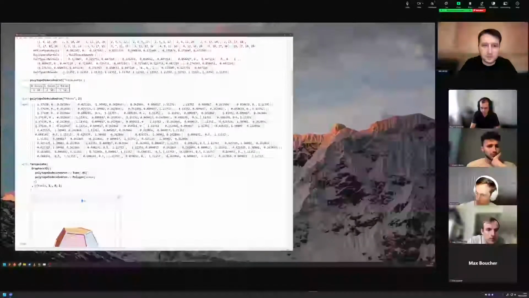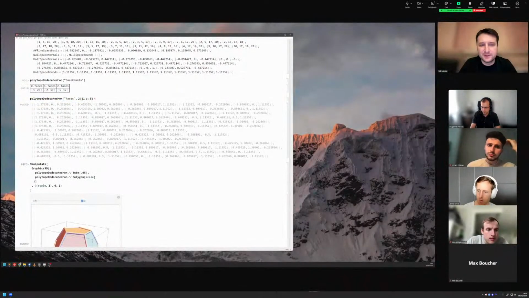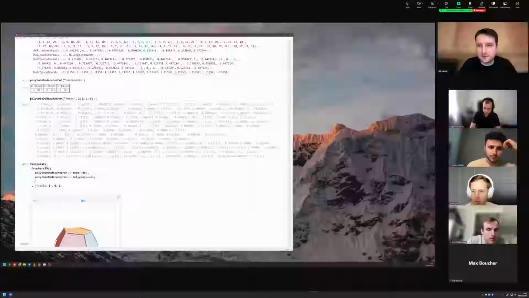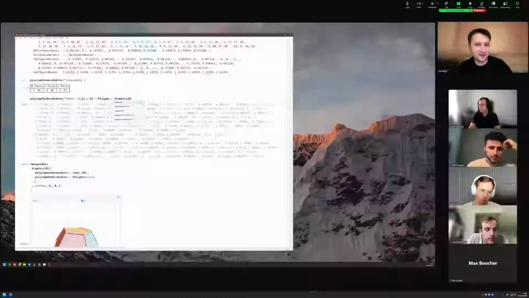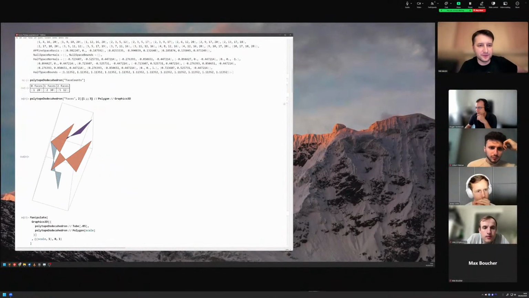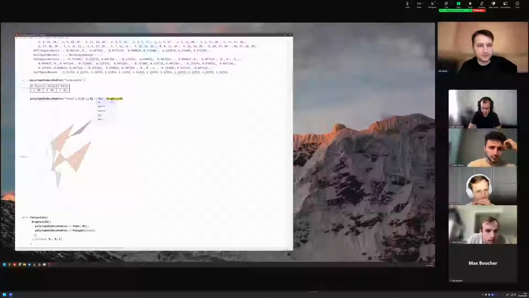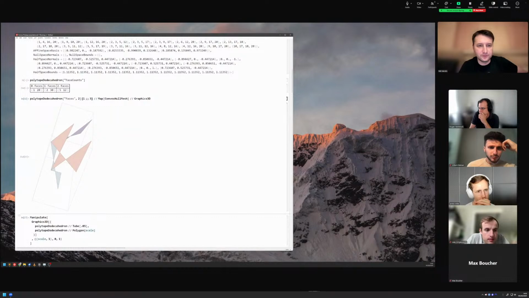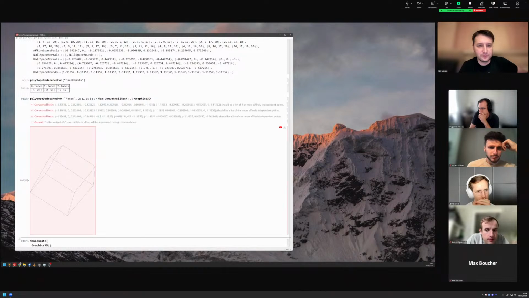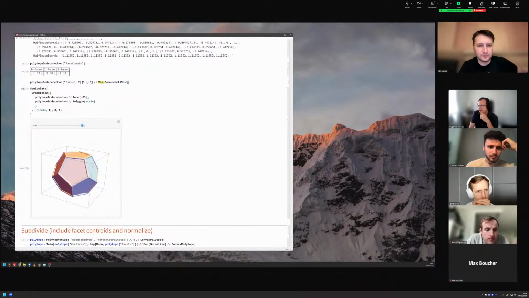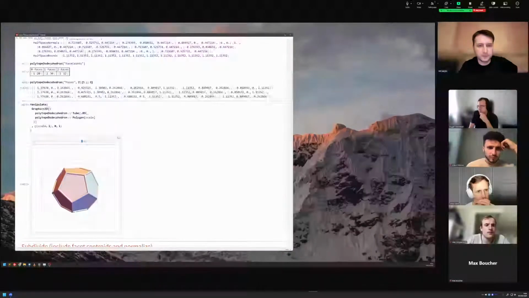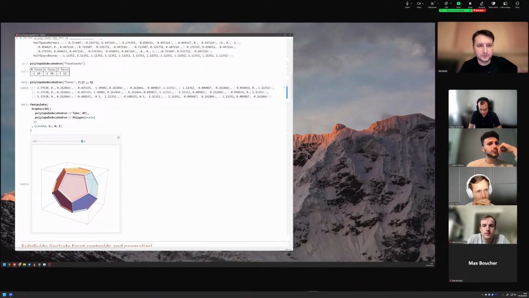Can I turn them into polygons too? Like two-dimensional polygons embedded in 3D. Yes. So, hold on.